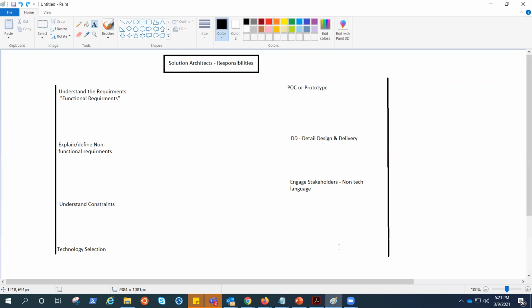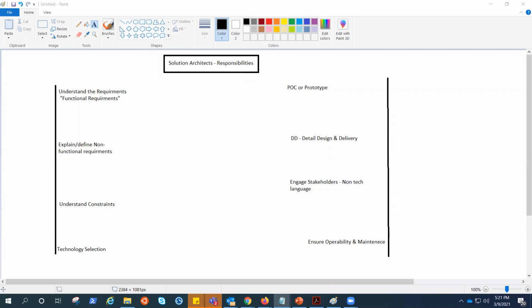Then we have, once this detailed design is done, everything is hunky-dory, and now your job is still not over, because you have to ensure the operability and maintenance, right? So the solution architect plays an integral role after the solution's launch in respect of product operability.